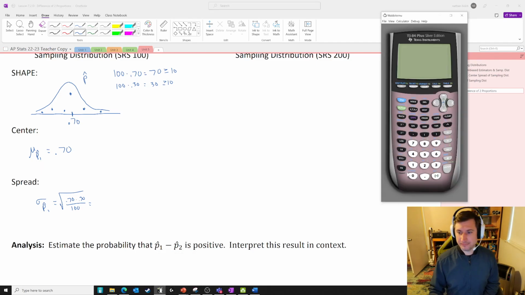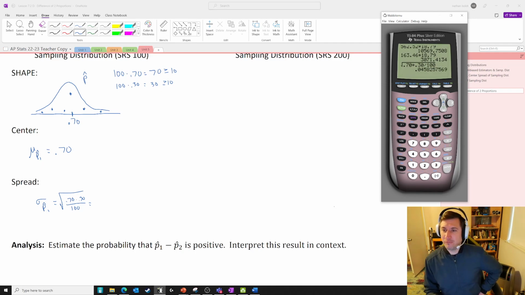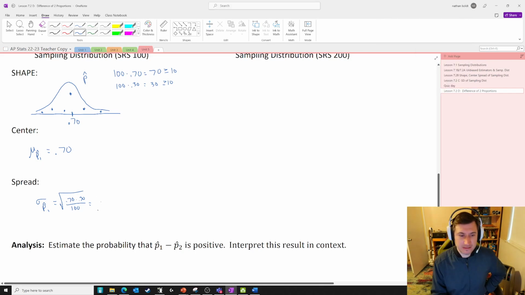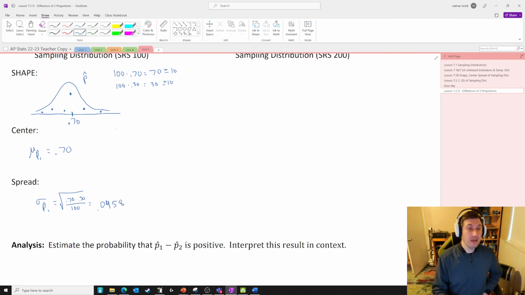That gives me 0.0458, which is my standard deviation. Again, I should call out the 10% condition, and we can do this because 100 is less than 10% of Edison's population.